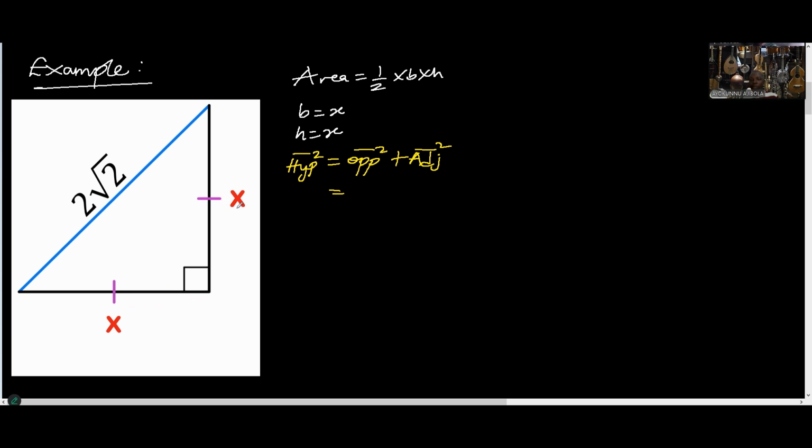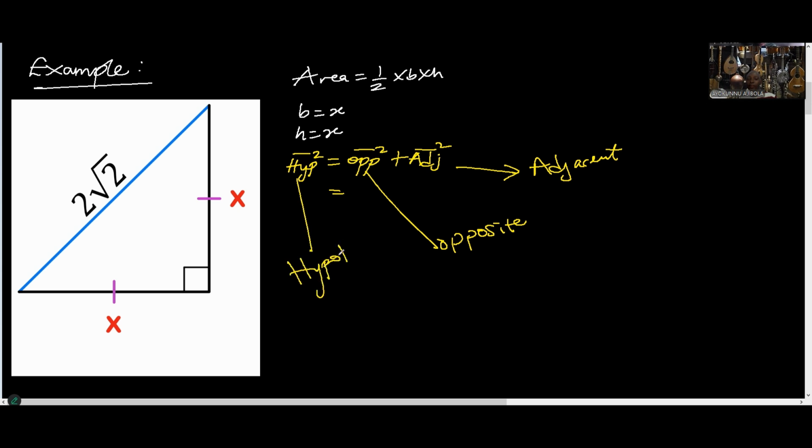What do ADJ and OPP mean for this triangle? Adjacent, opposite, adjacent. This is opposite, and this is the adjacent side. And this is the hypotenuse. Is that clear? Yes.